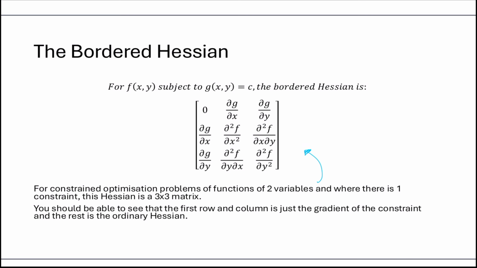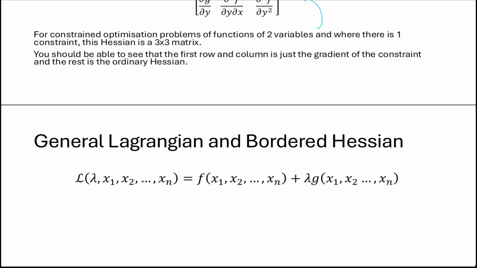We've got two variables x and y and just one constraint. The first row and first column are just the gradient of the constraint with respect to lambda, x and y, and the rest is just an ordinary Hessian.